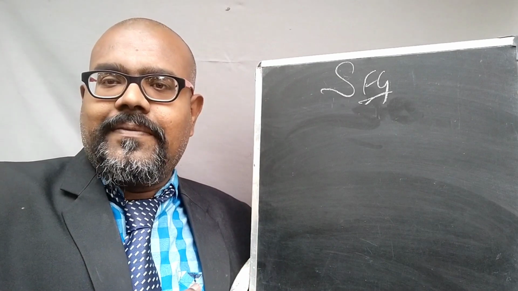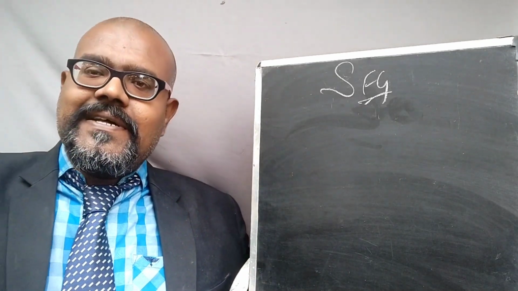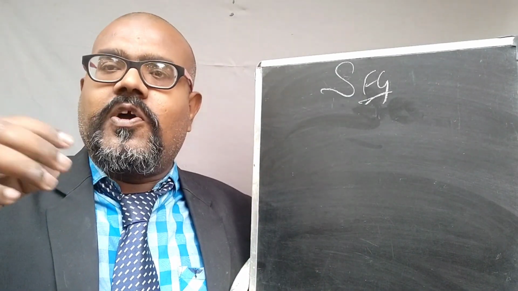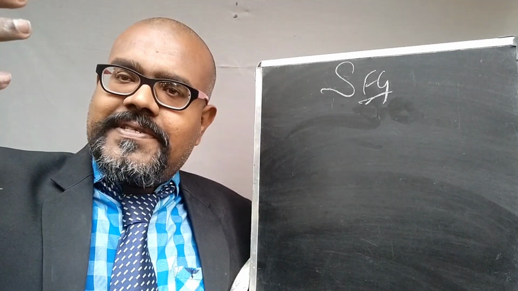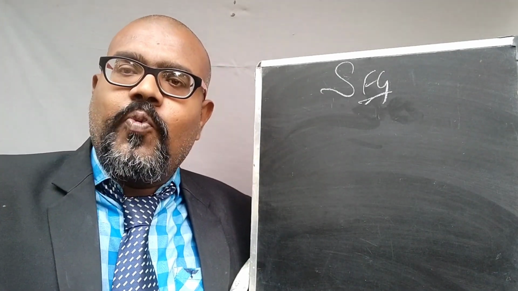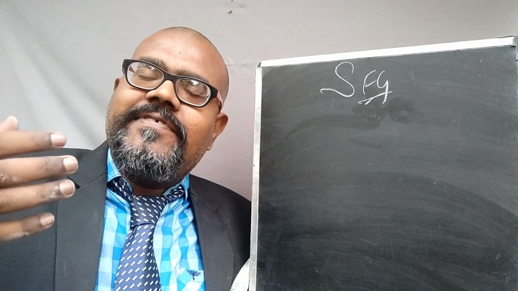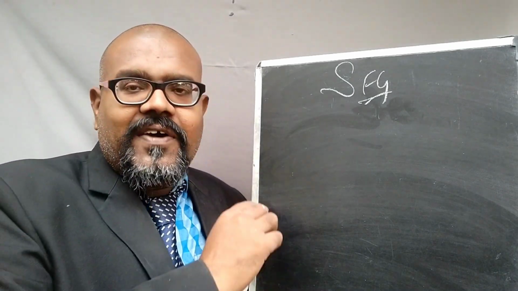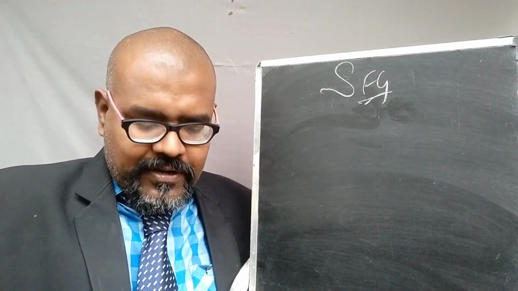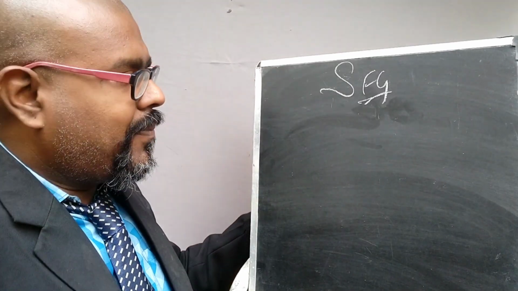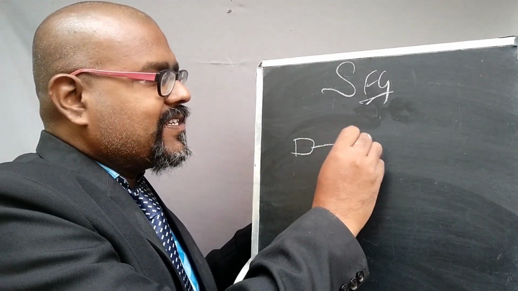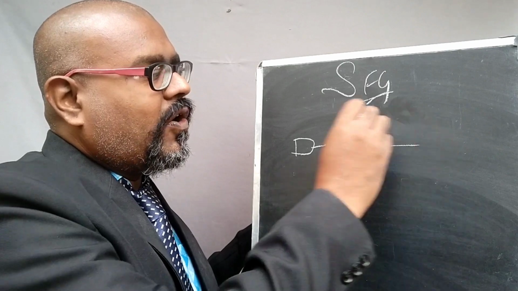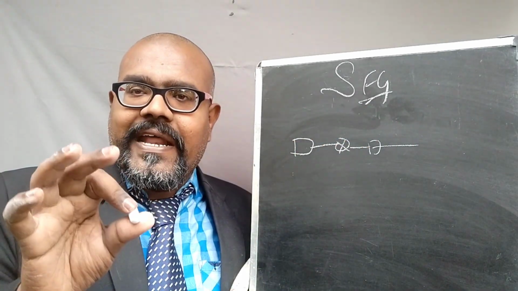Signal flow graph is nothing but, we already know that the system can be represented in the way of blocks. The system is nothing but a group of elements combined together. Each and every element can be represented in the way of a rectangular box, that we already know. That rectangular box, and the indication of the summing point and the branch point, all of it is considered as the block diagram representation.